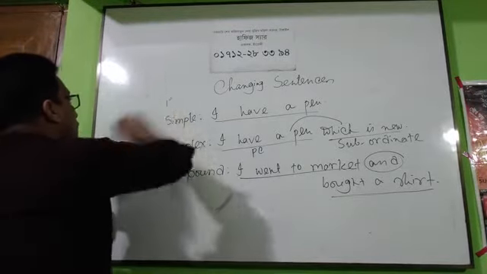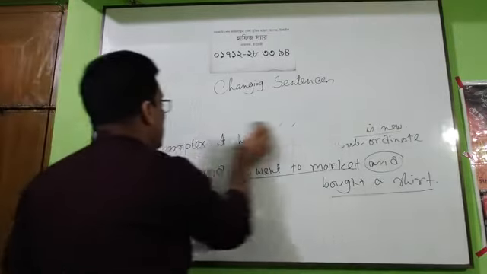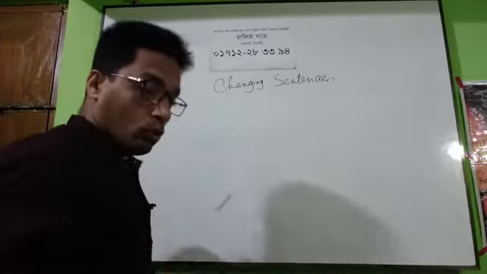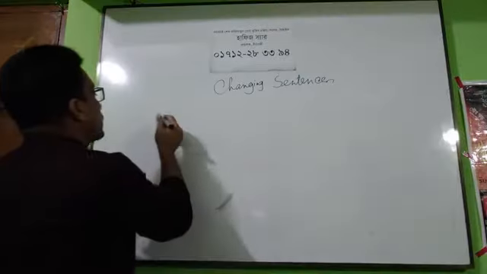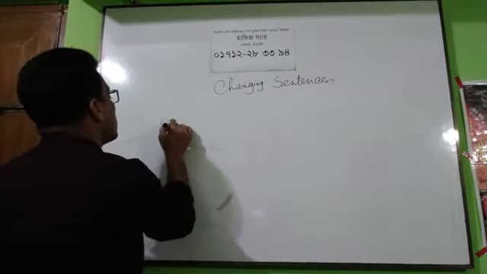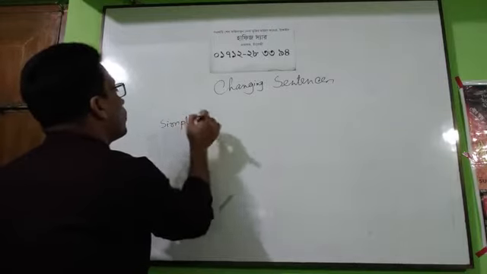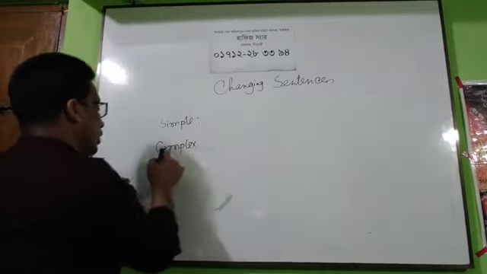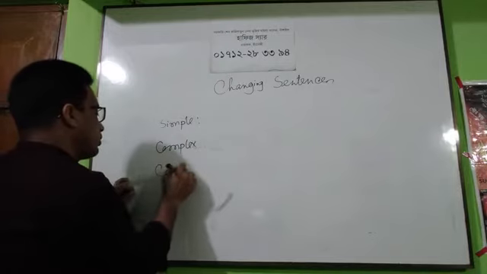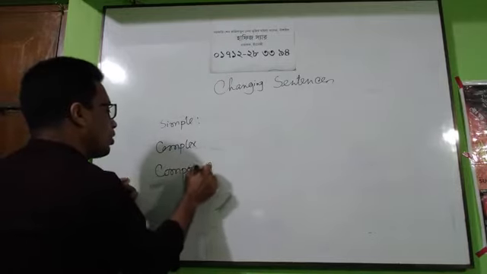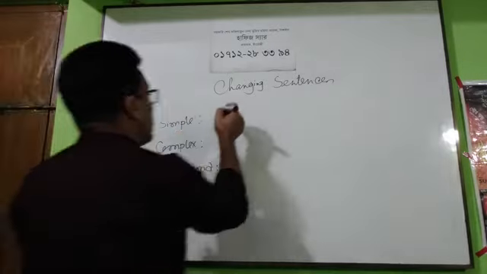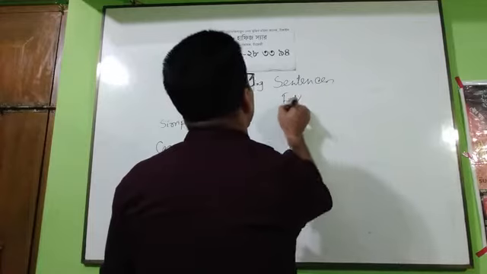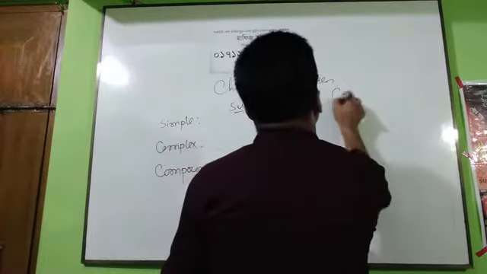Now we can give a summary about simple, complex, and compound. So what have we got? Actually, this is the summary. Simple, complex, compound: subject, finite verb, and conjunction.